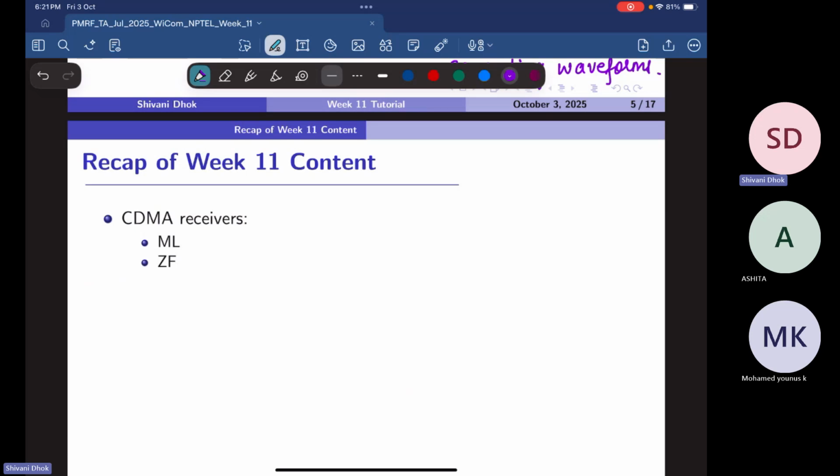Then we went on to look at something known as the zero forcing receiver.